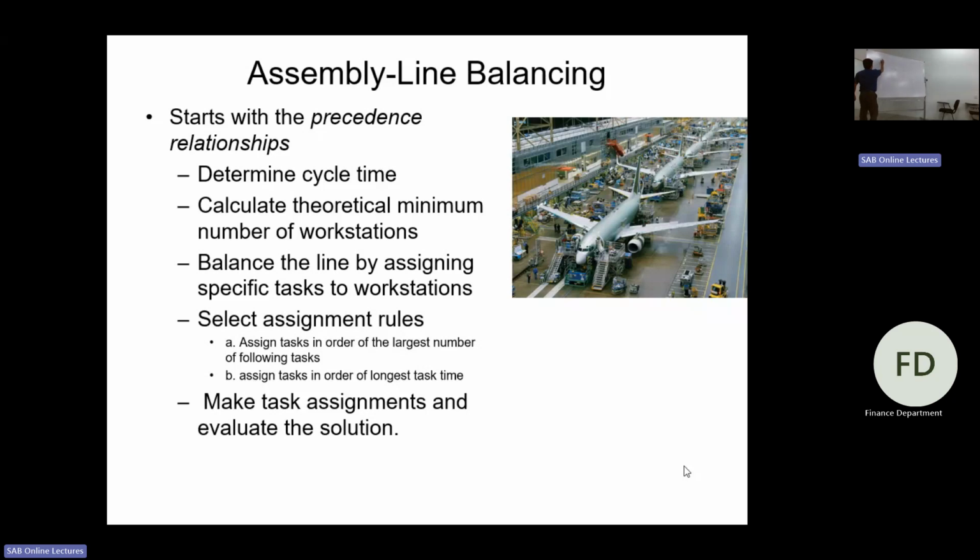B requires 11 minutes, so we have 1 minute remaining. Can we accommodate any task here? Are there any feasible tasks? No, we can't accommodate, so we conclude workstation 2 there and consider this as the idle time at workstation 2. And we move to workstation 3.